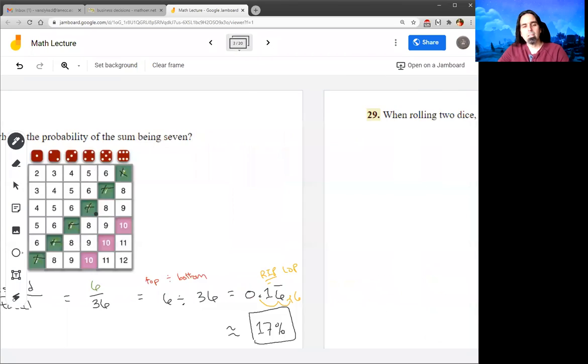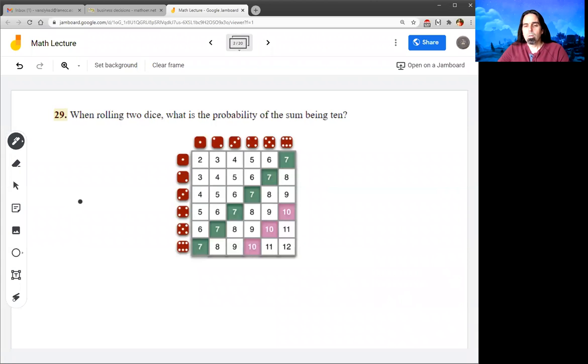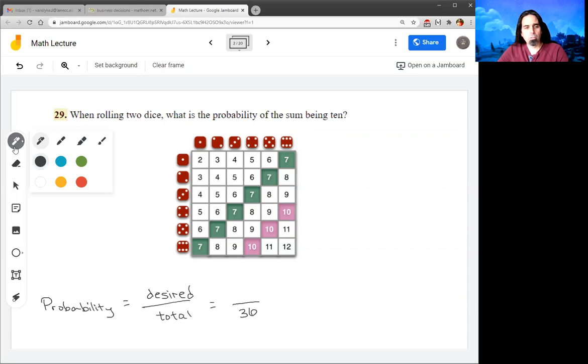Let's do one more. When rolling 2 dice, what's the probability of the sum being 10? So again, the probability is the desired over the total. The total is still 36. How many squares are in our chart?